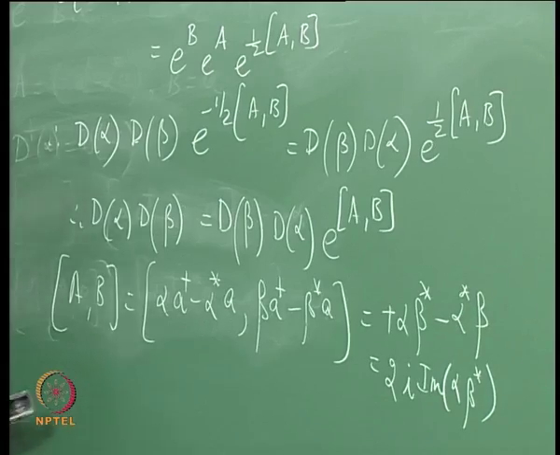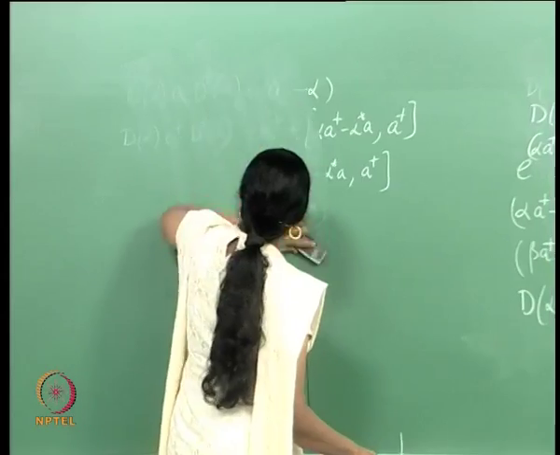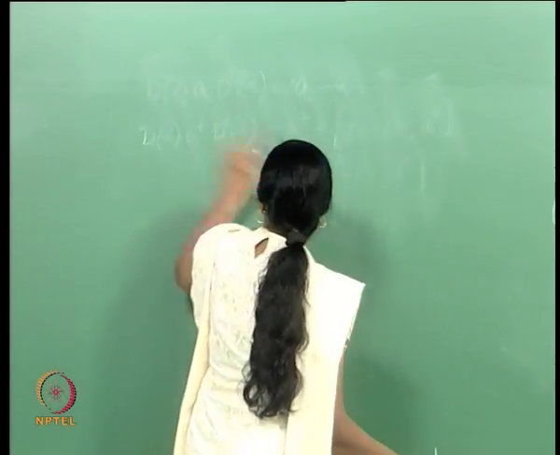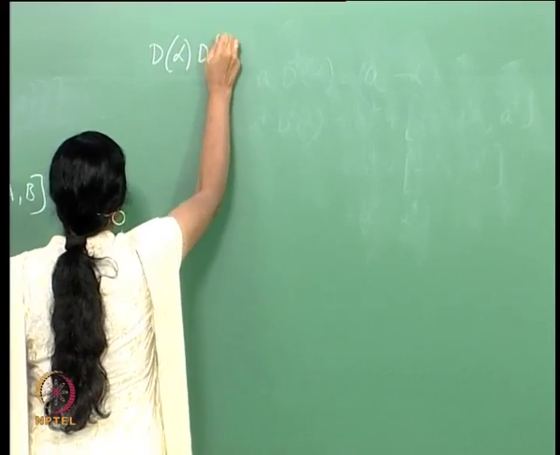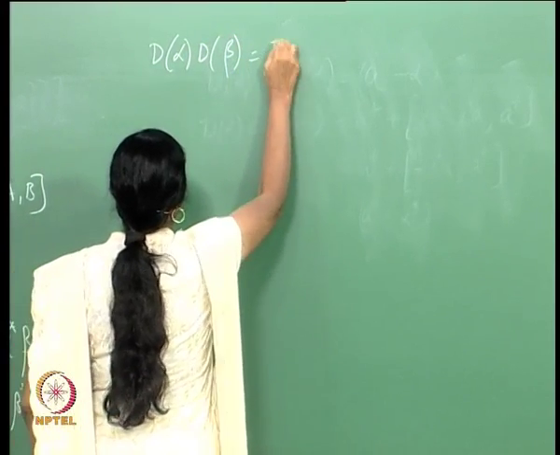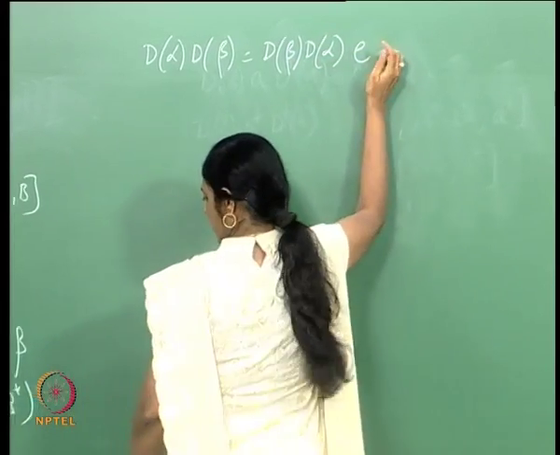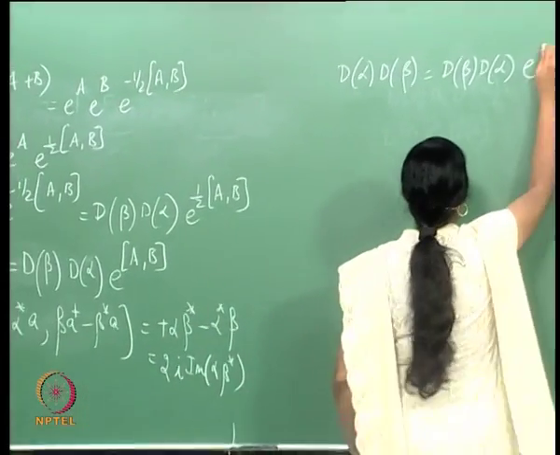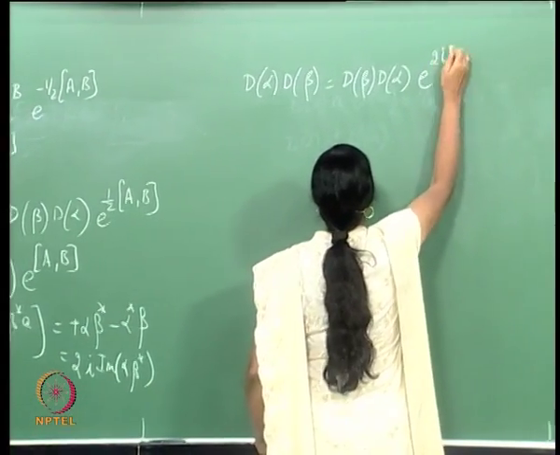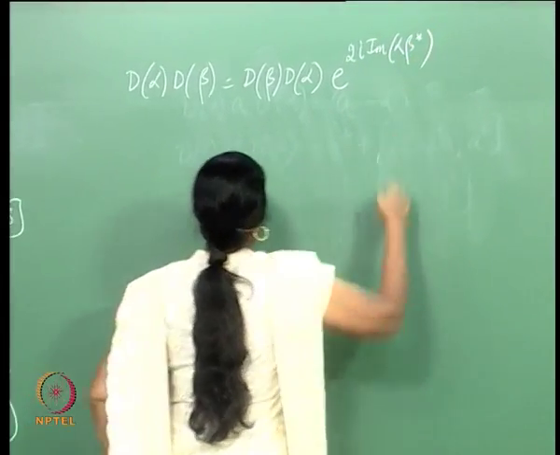I therefore have an interesting relation. D of alpha D of beta is equal to D of beta D of alpha, and then there is an extra piece which is e to the 2i imaginary part of alpha beta star.